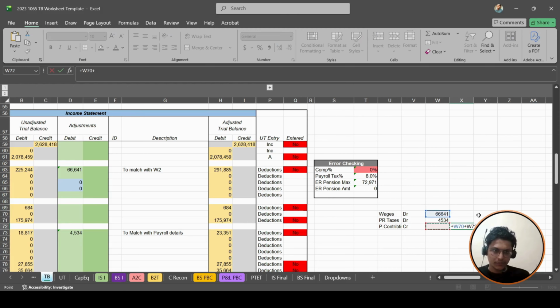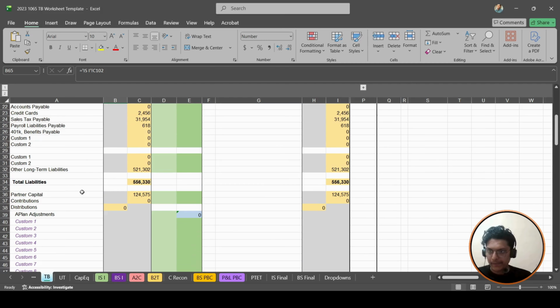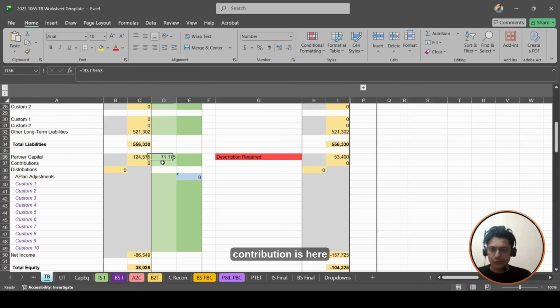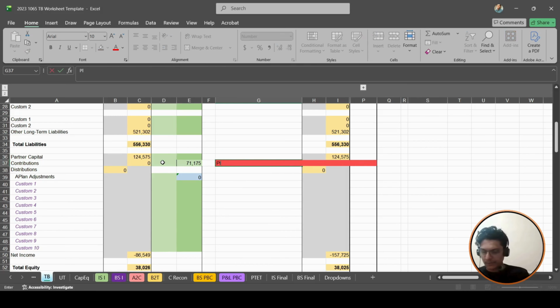This one, and just to 71,175 will credit the partner contribution. Oh, contribution is here. This is the plug-in balance. It's a capital introduced. Okay, what next?